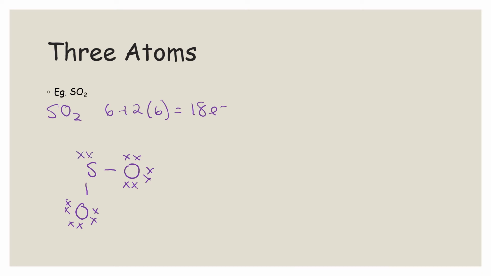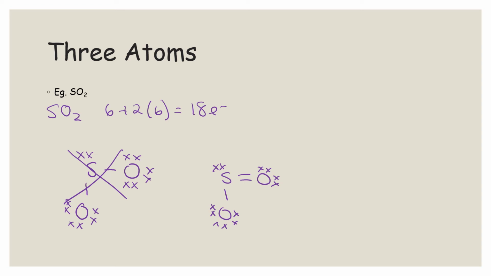Spares on the central. Does the central have 8? No, it doesn't, so it's incorrect. Try again with a double bond. Check your electron count: 2, 4, 6, 8, 10, 12, 14, 16, and the spares on the central.